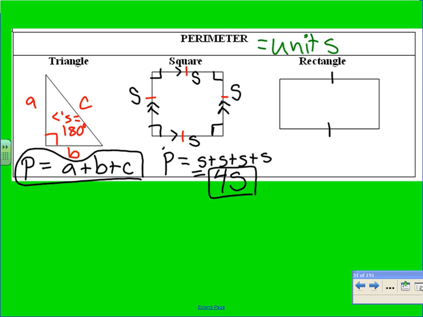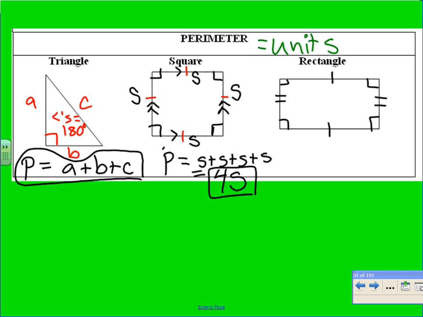We know opposite sides are congruent, so I'm going to draw little tick marks. We also know on a rectangle all the angles are right angles. And I think it was Justin. Are you the one that told me it was 360 degrees? Okay. We know any quadrilateral, any polygon with 4 sides has 360 degrees in it. So we know that's true for both of those.